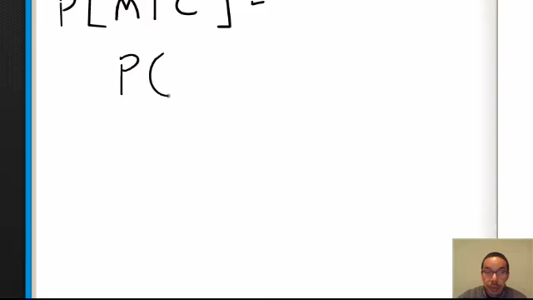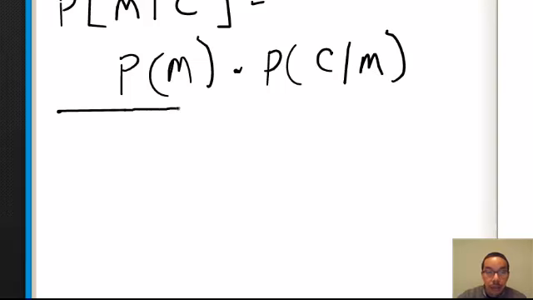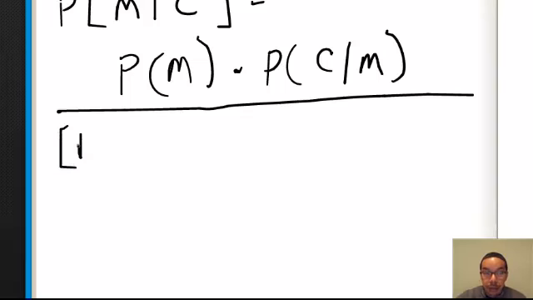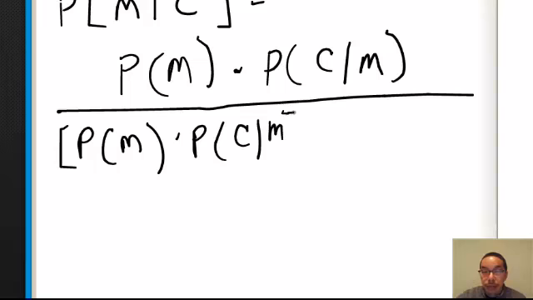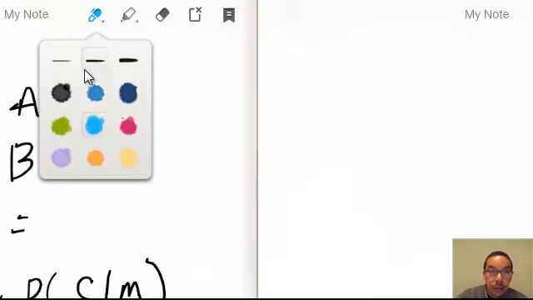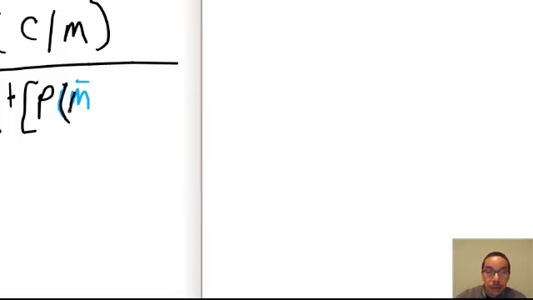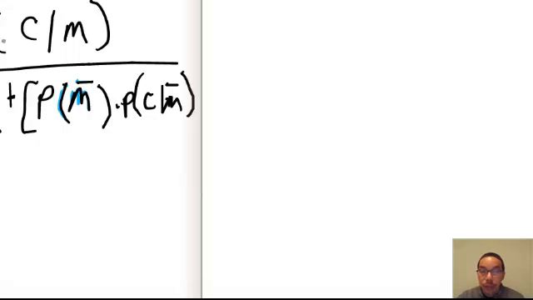So we should get P of M times P of C given M, and that's all divided by P of M times P of C given M, and then you add that to P of M bar times P of C given M bar. Right, so I just replaced the A's and B's with what we're using, M's and C's.